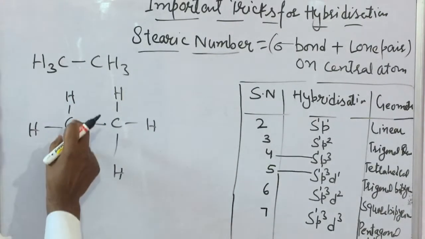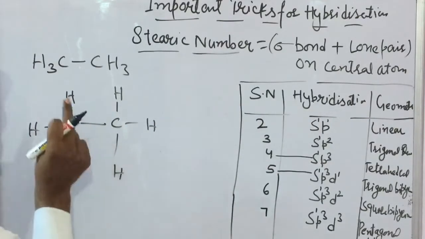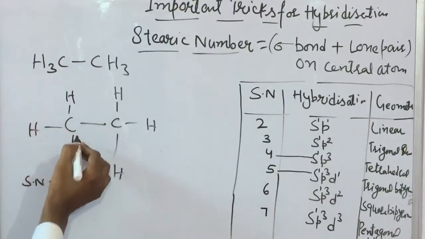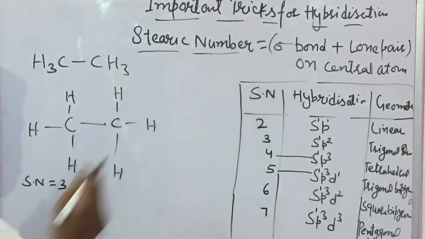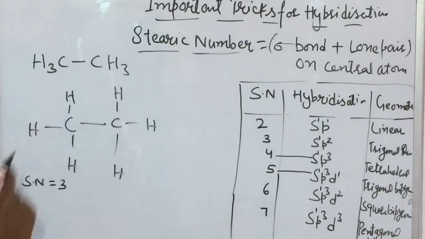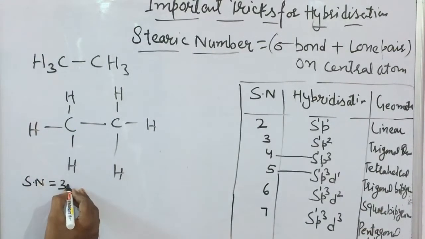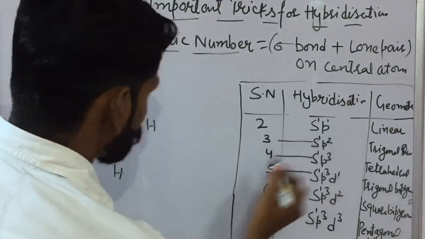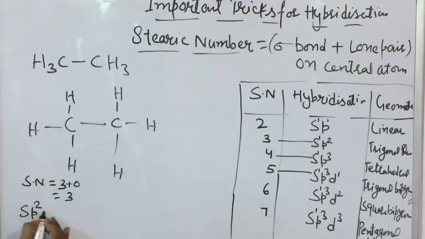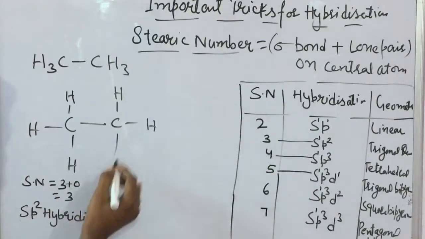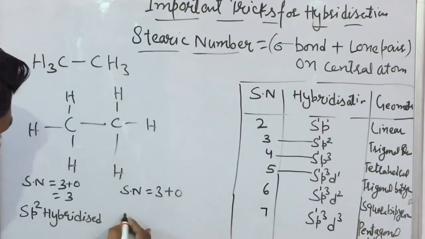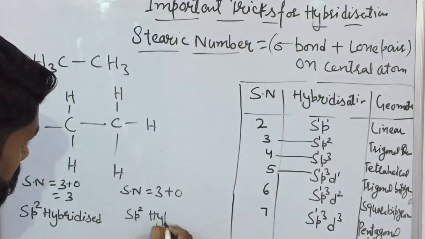Again, if we calculate the steric number for this carbon atom, there are 1, 2 and 3 sigma bonds, and there is no lone pair on the carbon atom, so the steric number comes to 3, and this carbon atom is sp2 hybridized. And again, if we calculate for this carbon atom, the steric number comes the same, that is 3 plus 0, again sp2 hybridized.